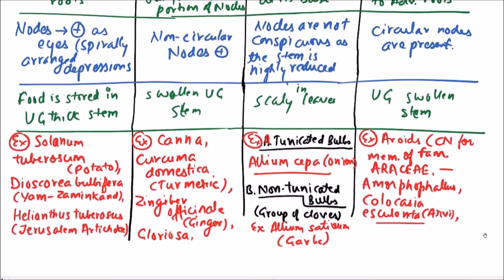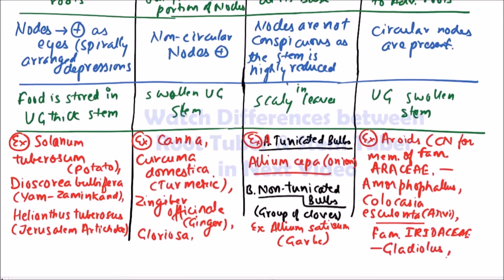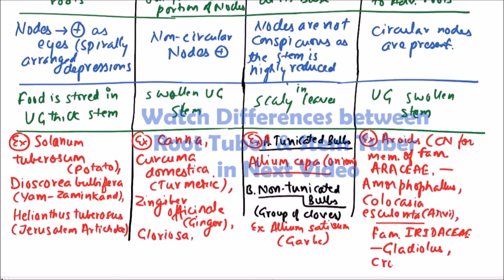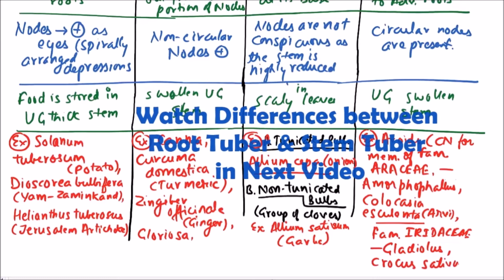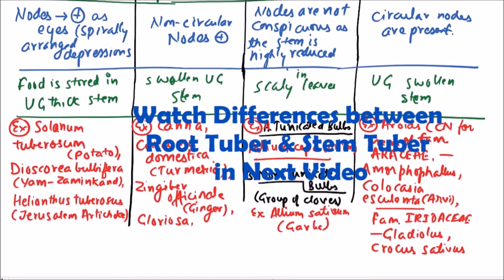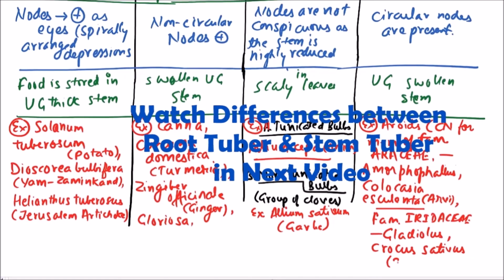Also, few members of family Iridaceae are also included, like Gladiolus and Crocus sativus, commonly known as saffron.